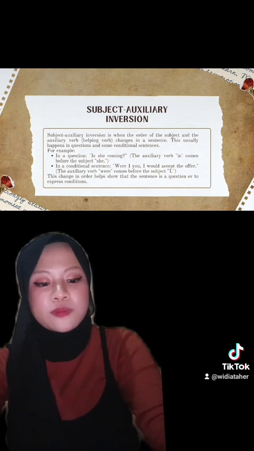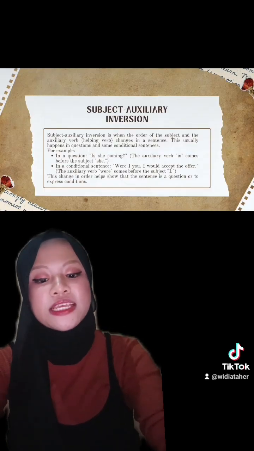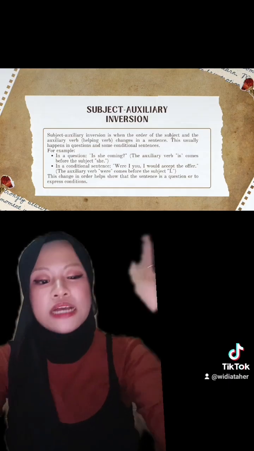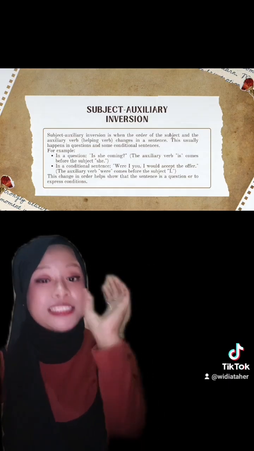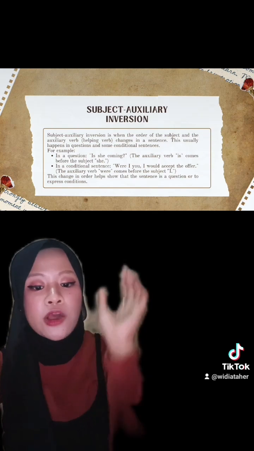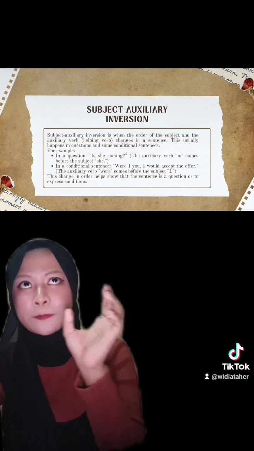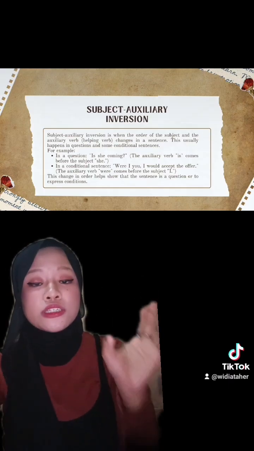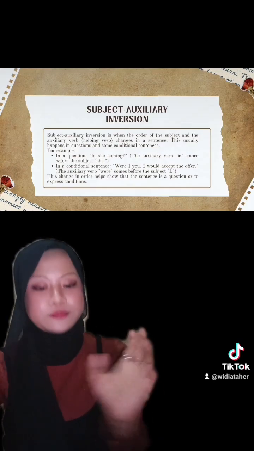The auxiliary verb is comes before the subject she. Why is the auxiliary verb is? Because she is a singular noun, and the verb you should use is is because it's singular.